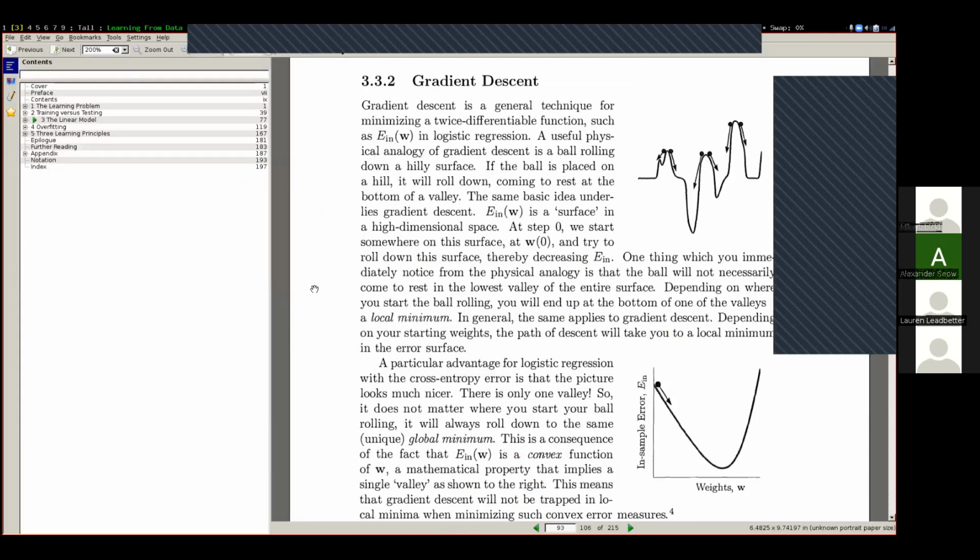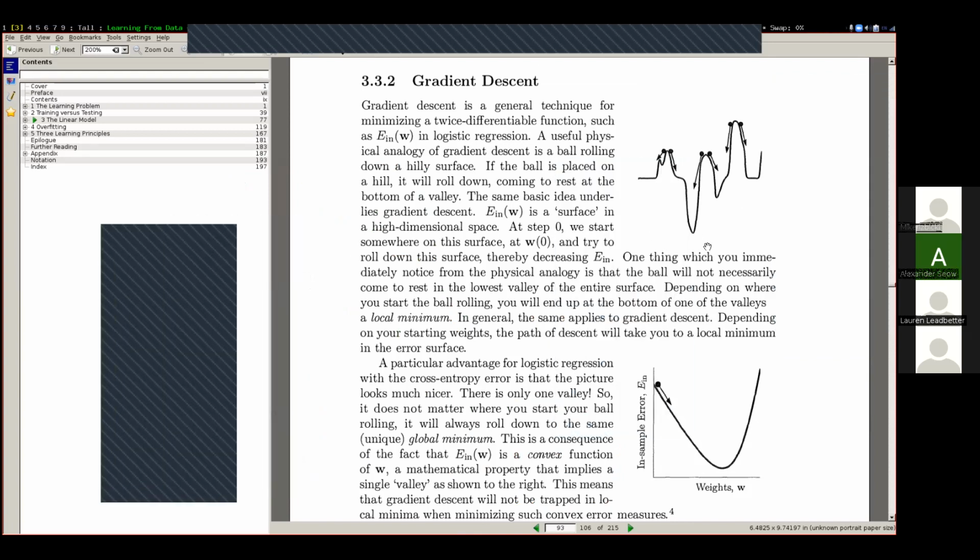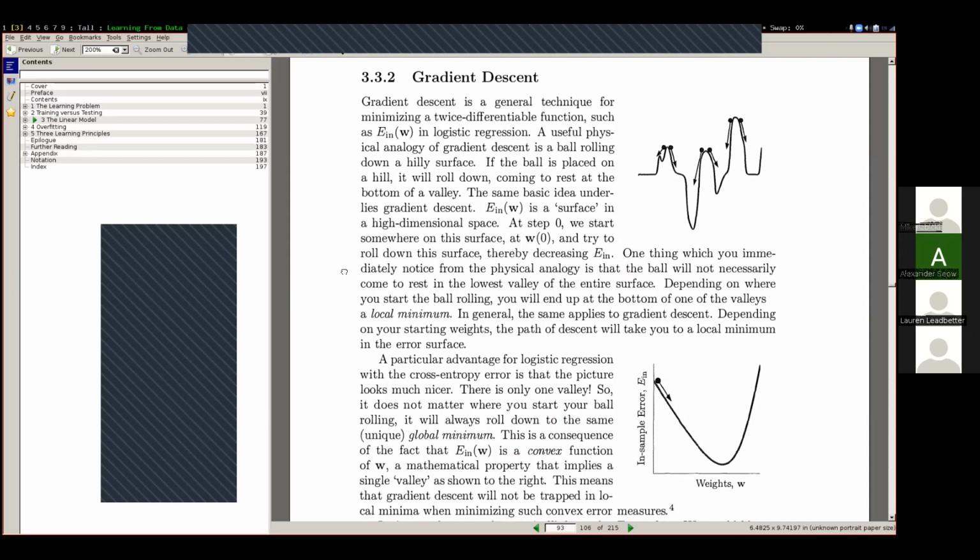If we come over to the textbook, you can see that it has these sorts of pictures that we were just looking at. Again, the x-axis here is not explicit, but that's the weights W. They made it explicit down here. And so here's our convex picture. Here's our non-convex picture. They give us a little bit of intuitive description of this gradient descent algorithm.